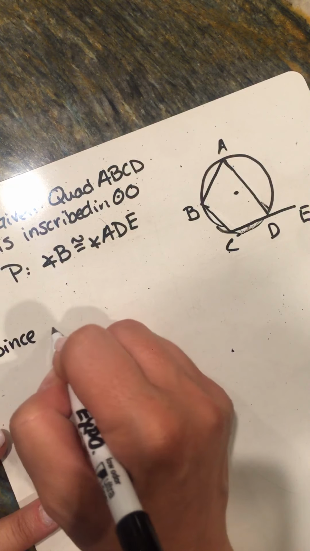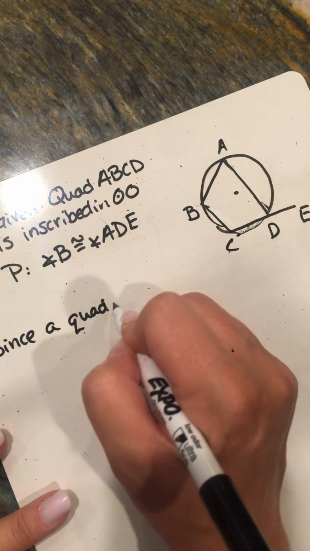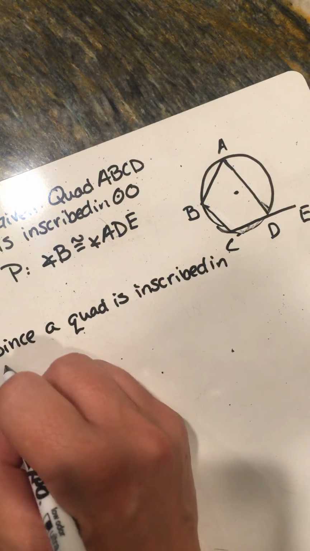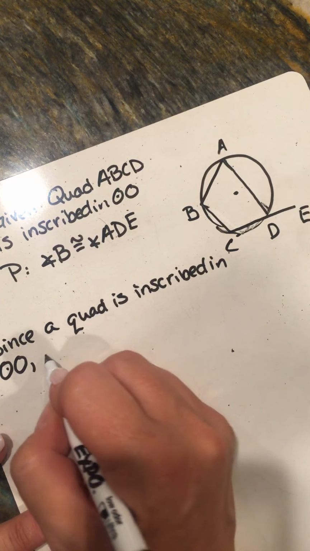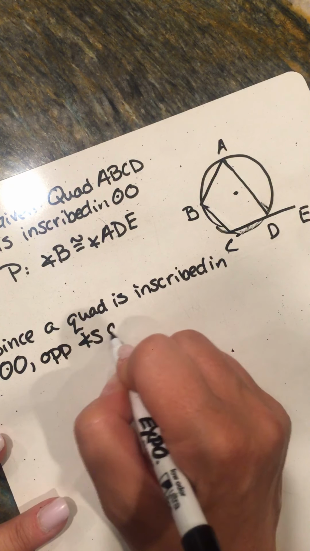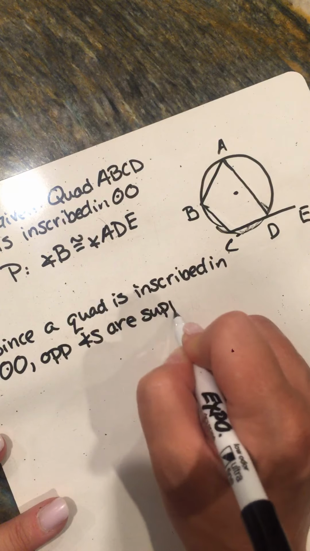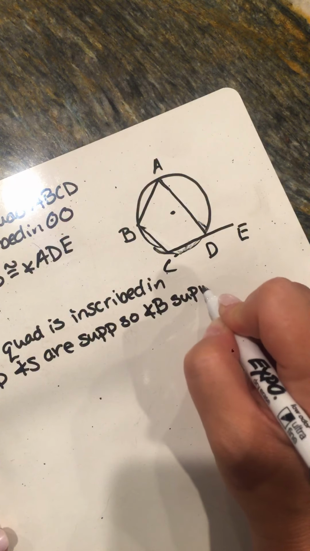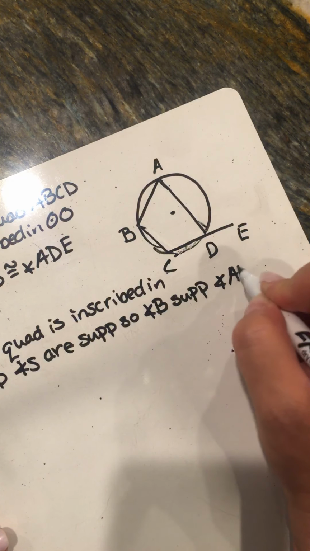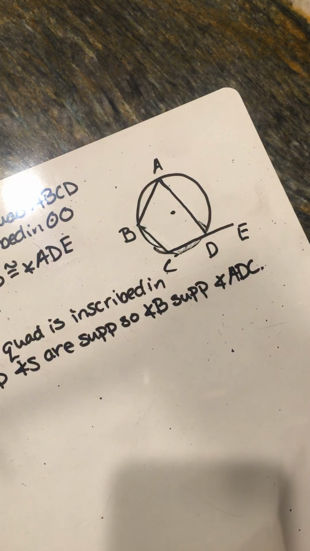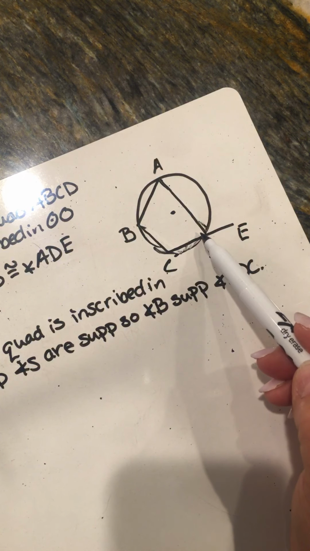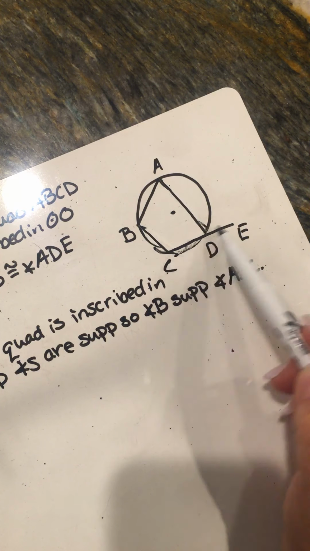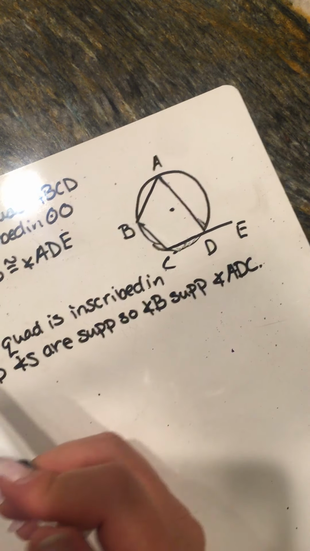Since a quadrilateral is inscribed in circle O, opposite angles are supplementary. So angle B is supplementary to angle ADC. So we have a relationship here. Well, this is the one we want to talk about over on this side, but doesn't ADC and ADE have a relationship?